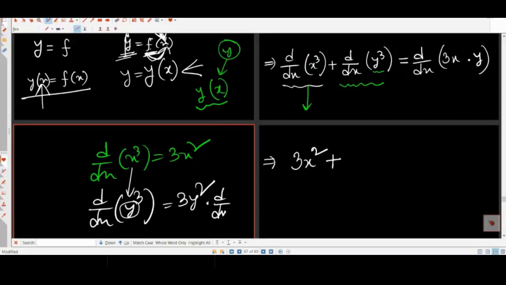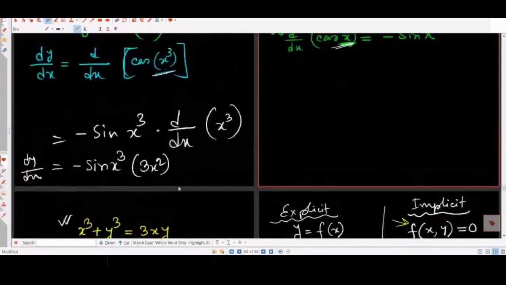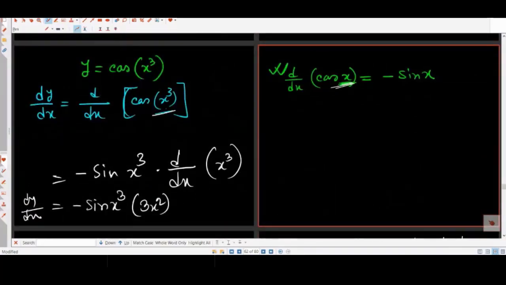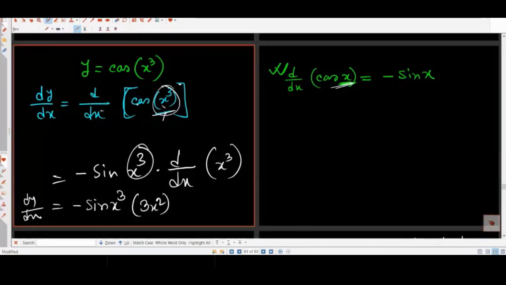And the term that we have considered as x should be again in differential form. So whatever term we have considered as x, it will be differentiated again. That is the concept we have learned just before this problem. So we have considered x cubed as x; the derivative of cosine x is negative sine x, and the term that we have considered is again under differentiation.